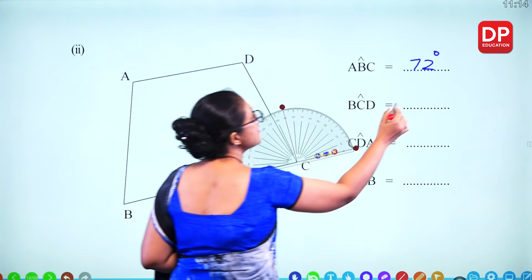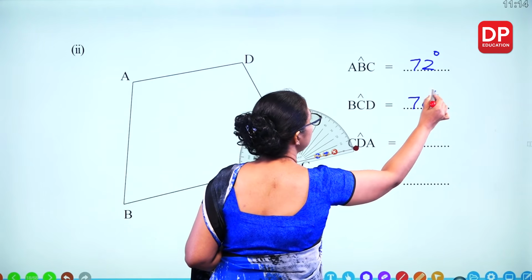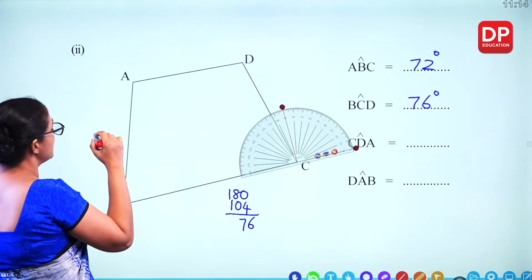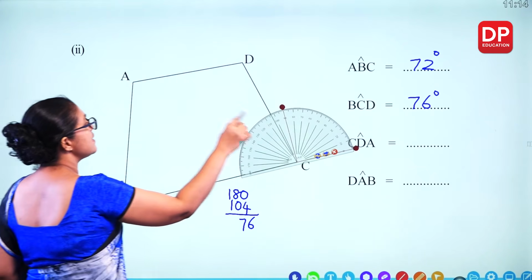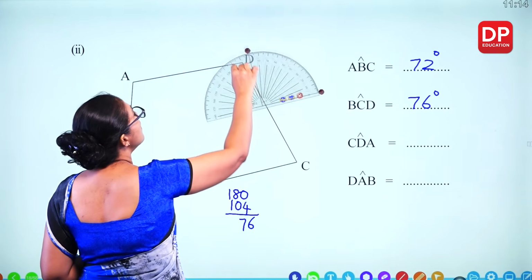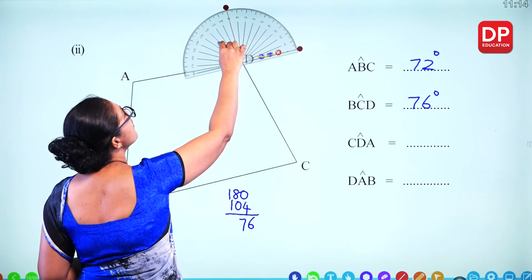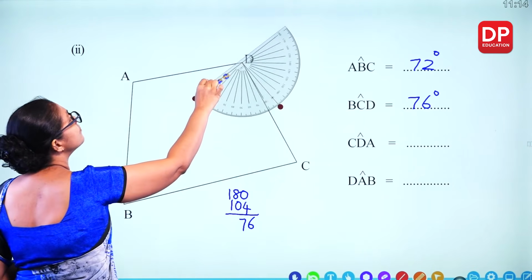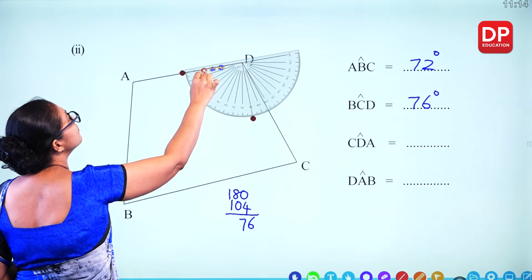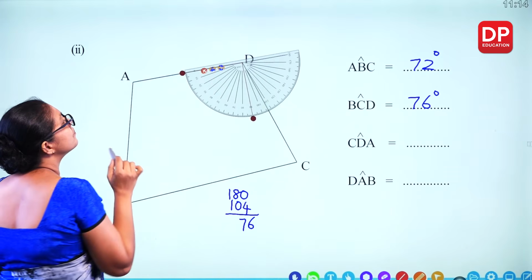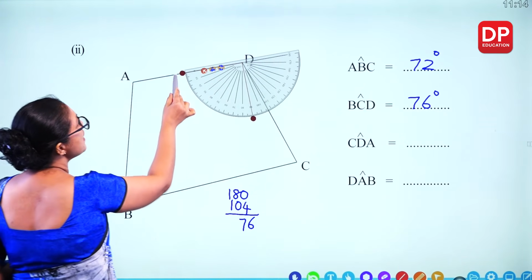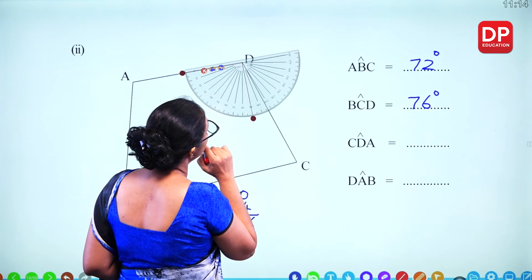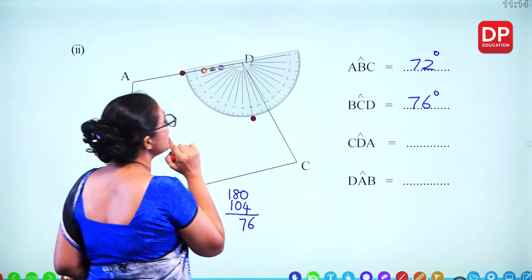So this angle is 76. CDA, this angle. So here we'll keep the origin first and then rotate the protractor. From here to here, 107.